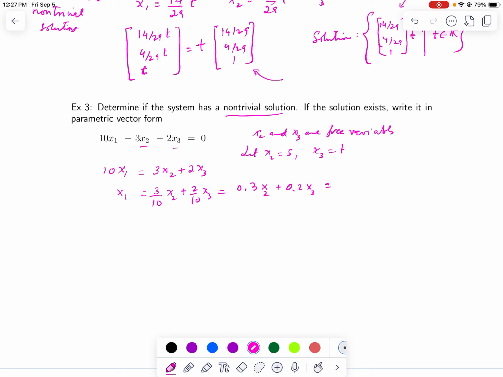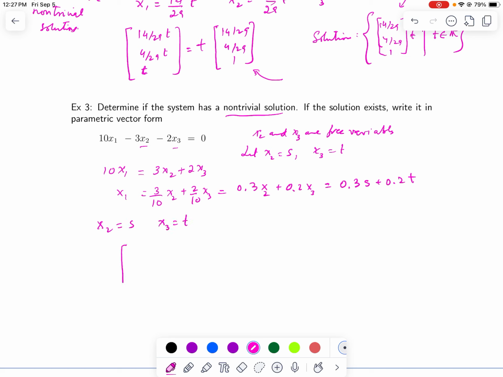But then x2 is s, so I can write 0.3 s plus 0.2 t. So we have the situation, this is our x1, x2 is s, x3 is t.